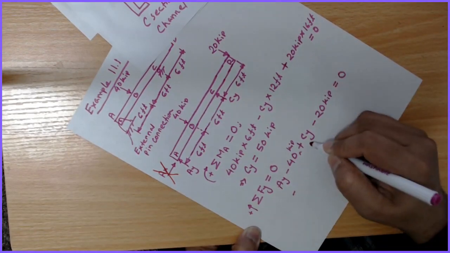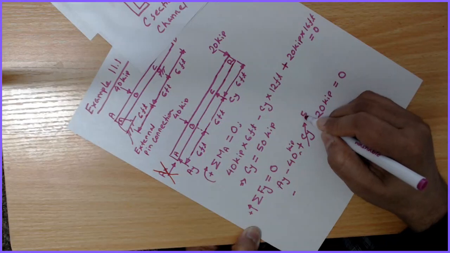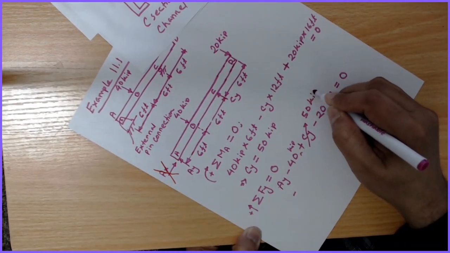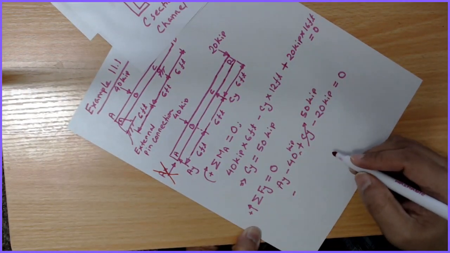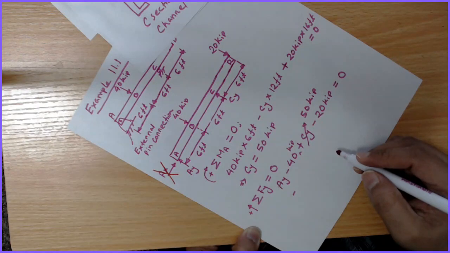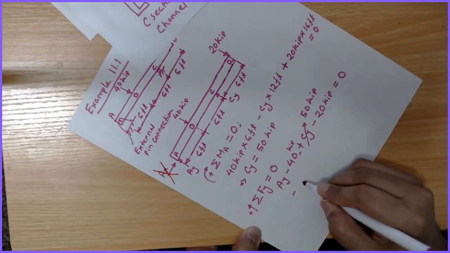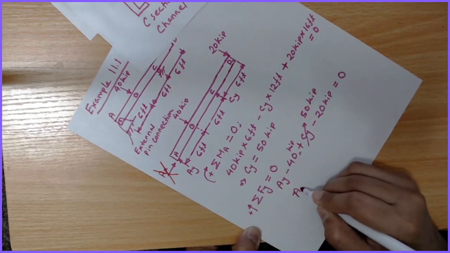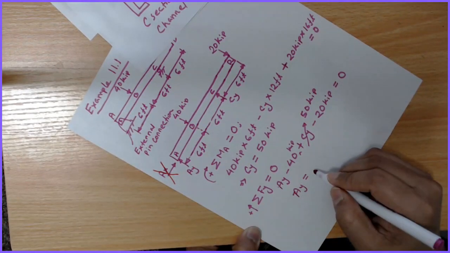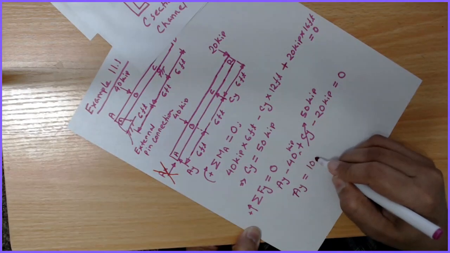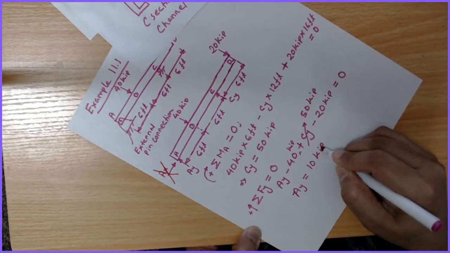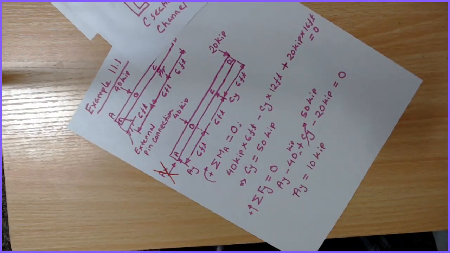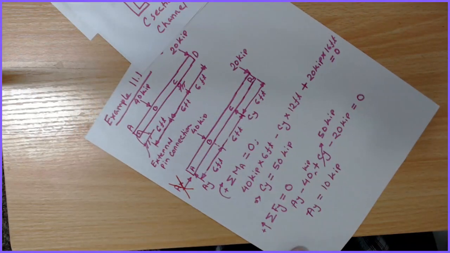That means, and I know CY is 50 kips, so then my AY is 10 kips. So I got my reaction forces AY and CY.